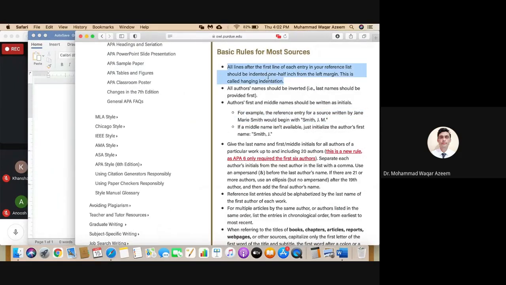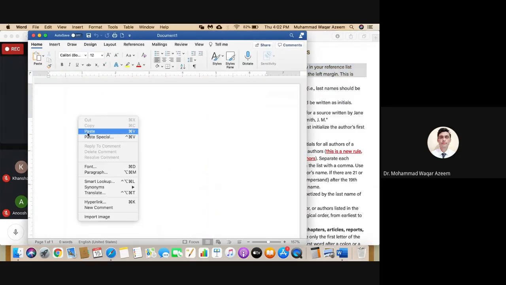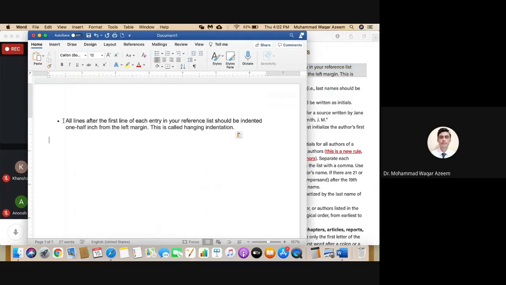Now look, it's like this. Now this is the page. So you can see this Word document. Yes, sir. Okay. Now currently these two lines, as you see them, there is no indentation over here. There is no hanging over here. If I need to apply hanging on it, it will be like this.